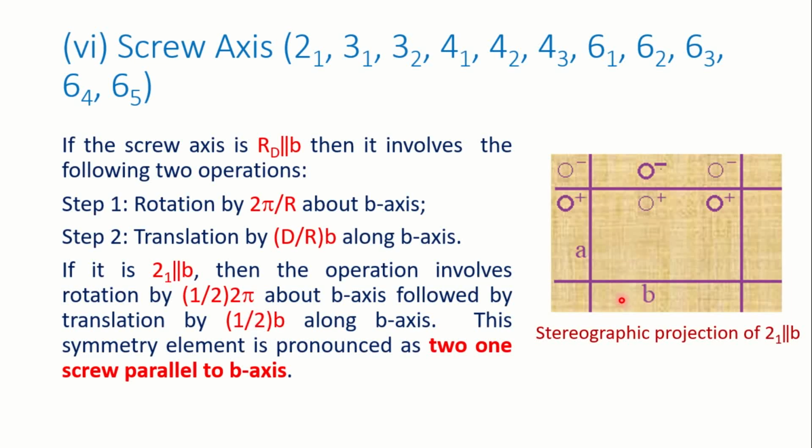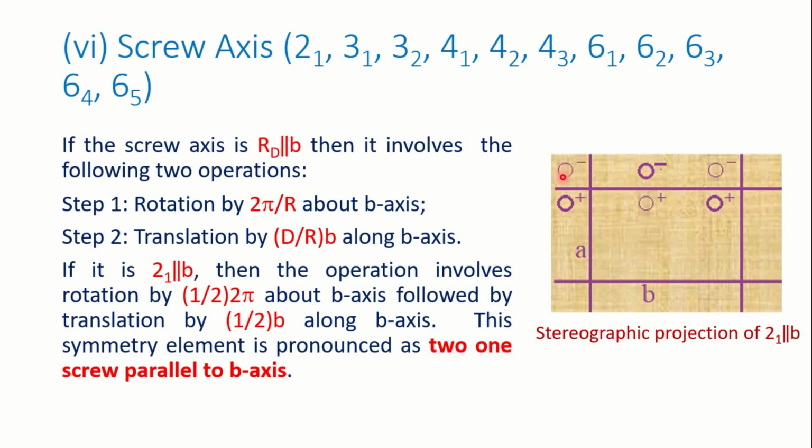What about the stereographic projection? This is the lattice point. After having rotated along B axis by 180 degree, this is its virtual position. Then after translating along B axis, this is its final position, and this one, if it is repeated here, then this element is 2_1 parallel to B screw axis.